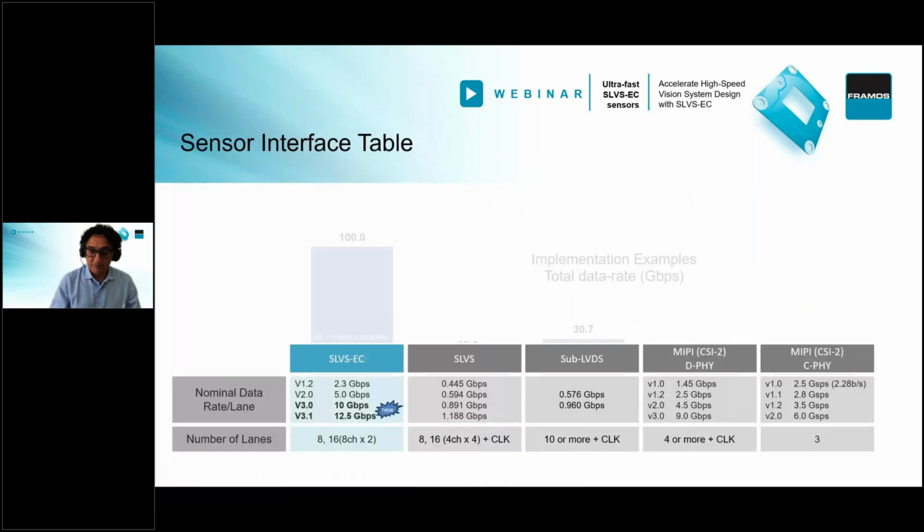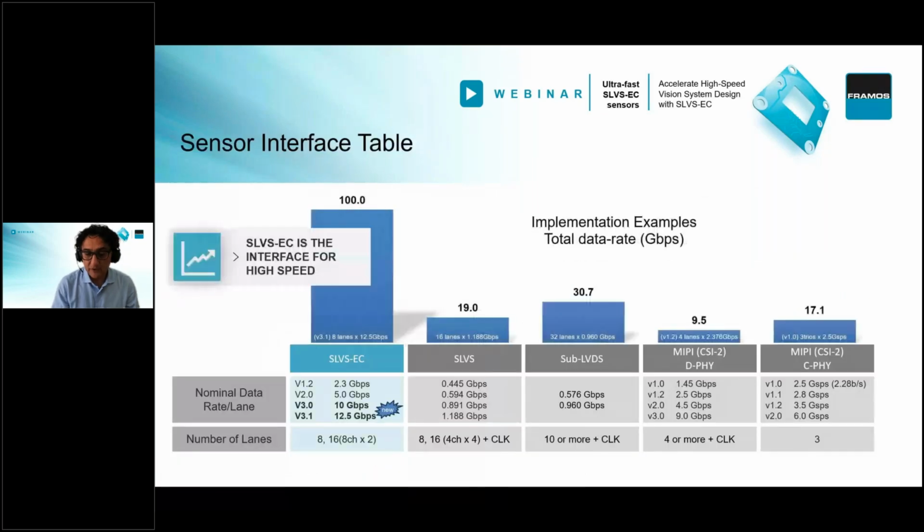Because we are talking about interfaces, I want to give you a comparison of the interfaces itself. Here we have the name of the interfaces: the D-PHY, C-PHY, sub-LVDS, SLVS, which is another variant of LVDS, and SLVS-EC. The plot tells you everything.